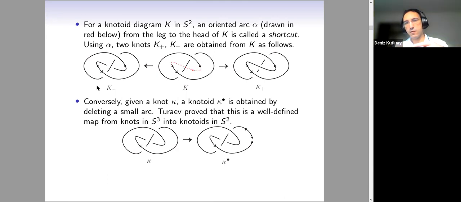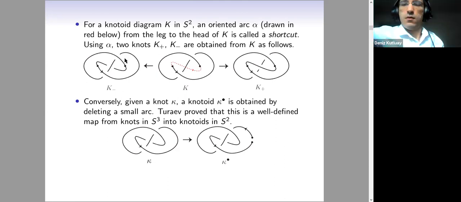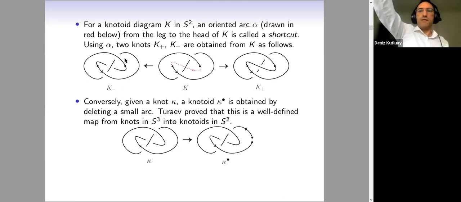It's basically, you are moving the shortcut inside the sphere as opposed to on the sphere. So that's why it's going under everything.